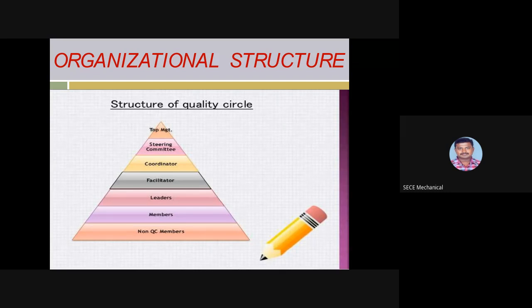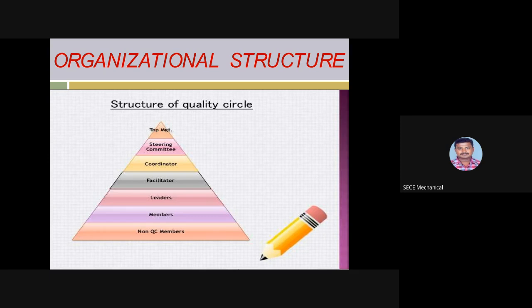A quality council definitely will collect the information about the program and report to the MD, or managing director. The top management definitely will convey its policy of quality to its employees and encourage them to form quality circle.